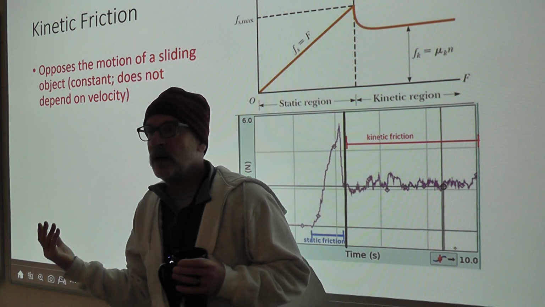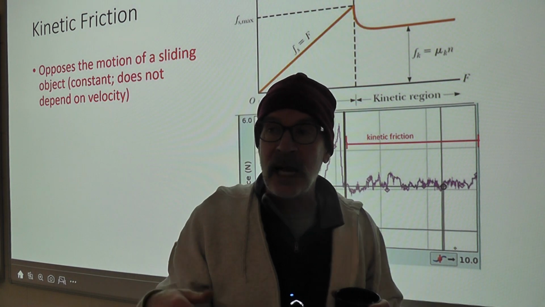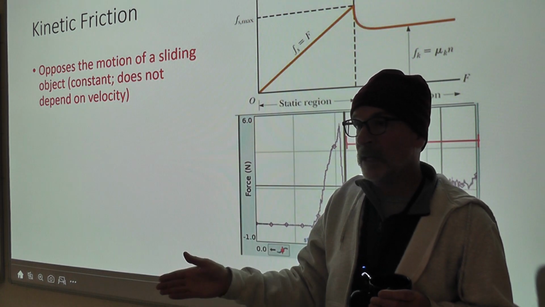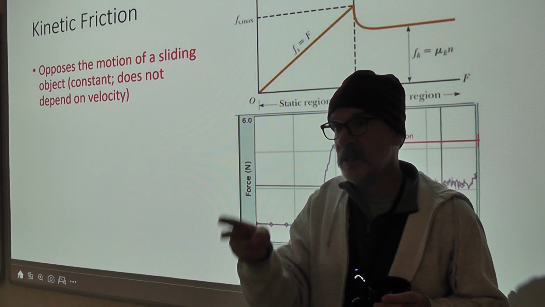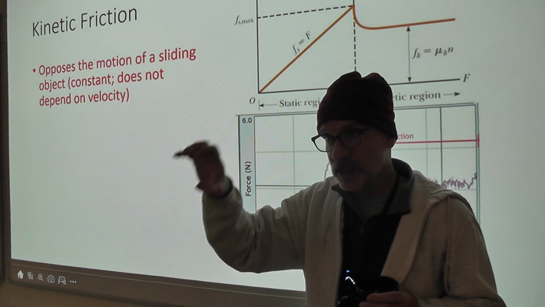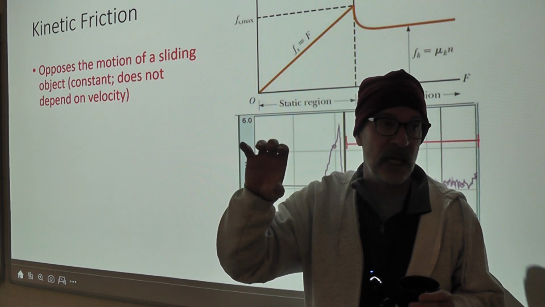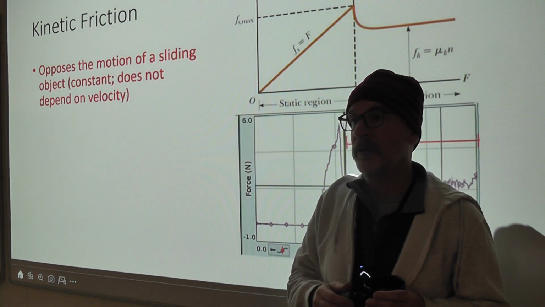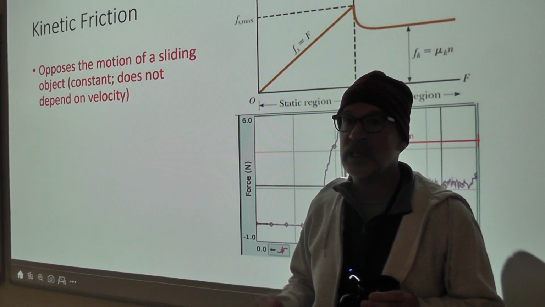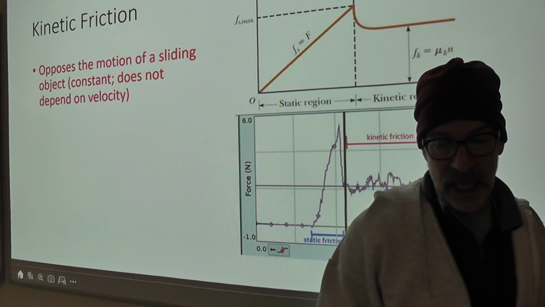And one of the things about kinetic friction is, unlike static friction, it doesn't change. Once an object is moving, unless you change the surfaces themselves or the normal force, the force that's pushing those two surfaces together, you won't change the force of friction. You can pull it with more force or less force. You can move it faster, you can move it slower. The force of friction will stay the same.